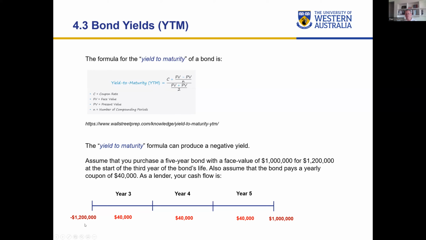But what I am doing is just motivating the point that you can get this negative yield when the net income flows associated with holding this bond to maturity are negative. So typically, bonds can have a negative yield using the yield to maturity measure when bond prices are pushed up so high that the high price you pay more than offsets the expected income flow coming to you over the rest of the life of the bond.